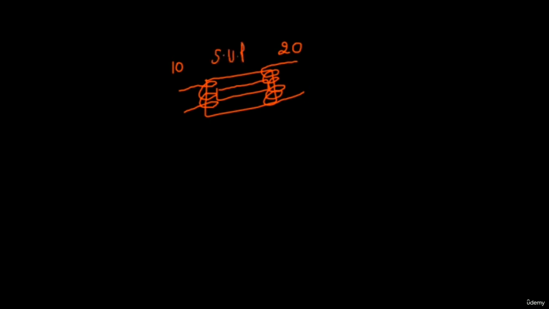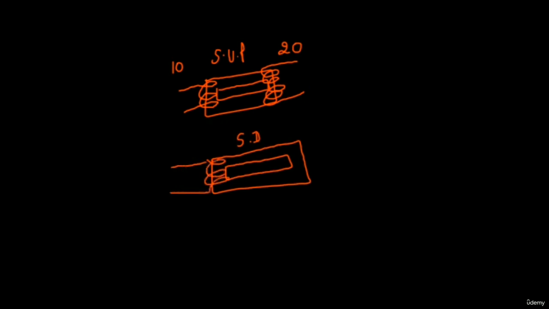So what will happen with the step down? In the step down transformer, what we need is more coiling on this side. Maybe let's take here 20 turns on this side, and we receive 10 turns as output.